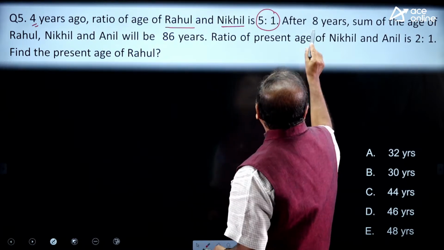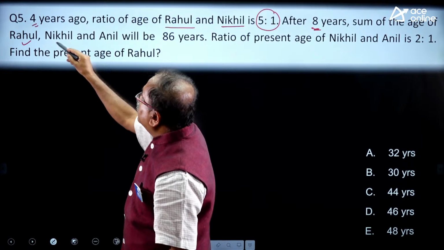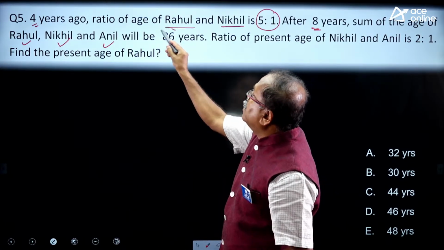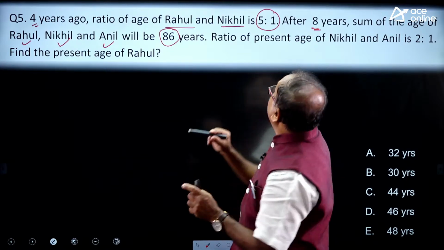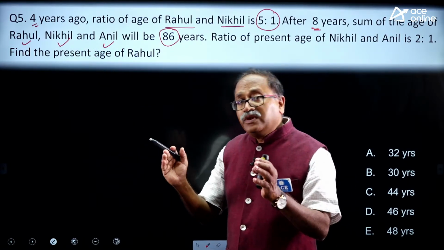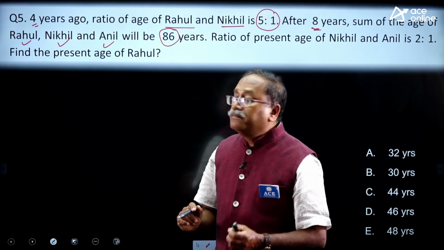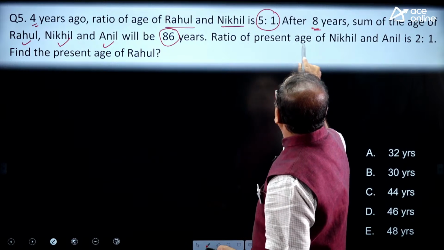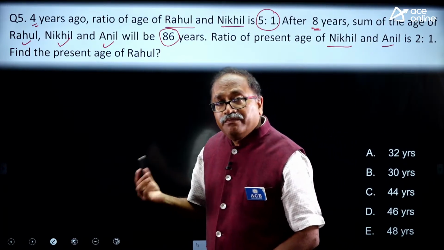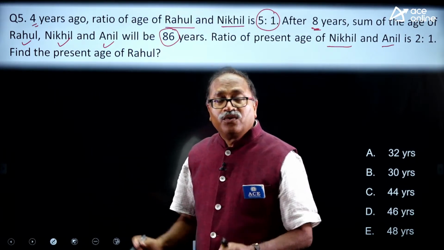Next, after 8 years, the sum of the ages of Rahul, Nikhil and Anil will be 86 years. After 8 years, these 3 people's total age will be 86 years. So I can find out these 3 people's present total. Next, the ratio of the present age of Nikhil and Anil is 2:1. Then find the present age of Rahul.